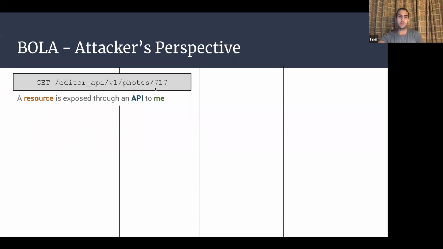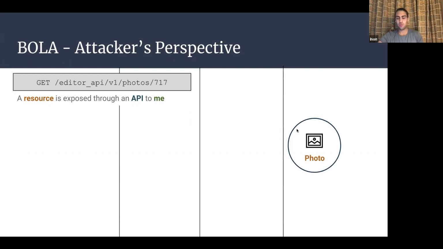And before you start changing the IDs, before you start trying to exploit BOLA by accessing objects of other people, I want you to understand the language, in what language you should think about exploitation of BOLA. So in this case, a resource is exposed through an API to me. Let's try to see each one of these components.